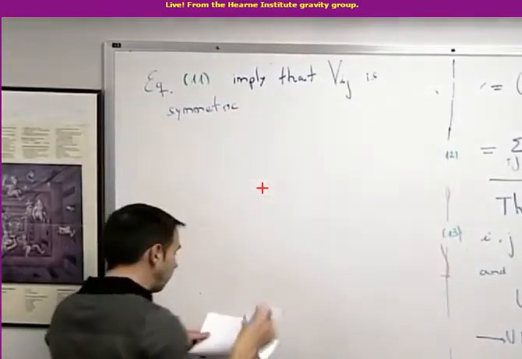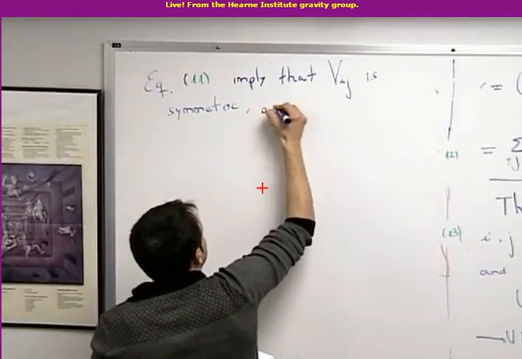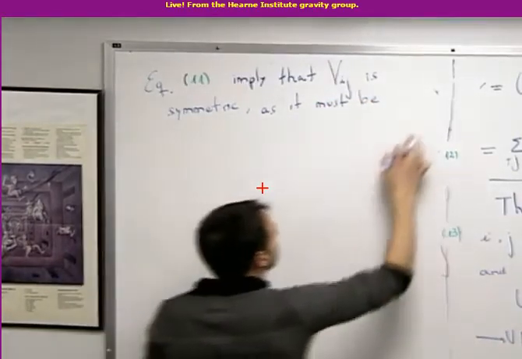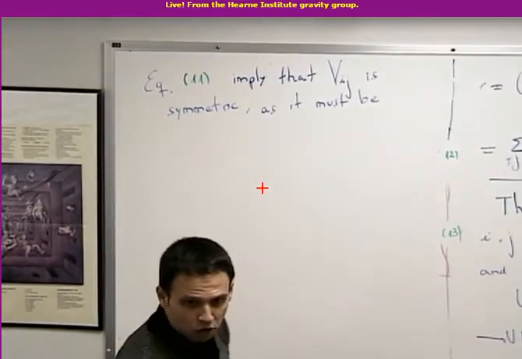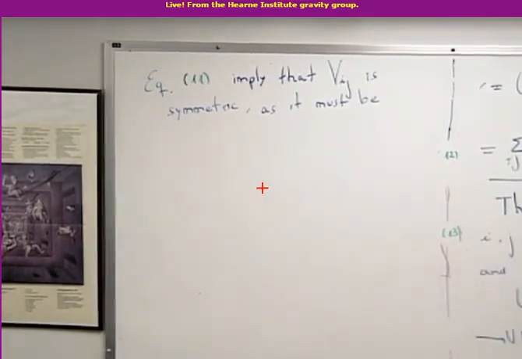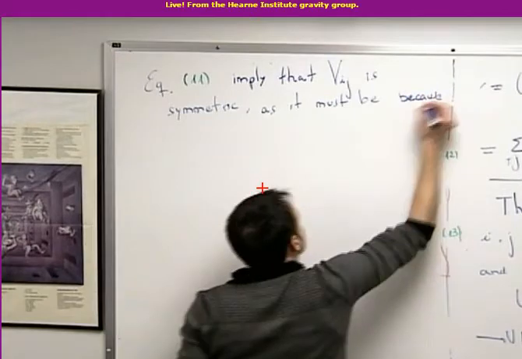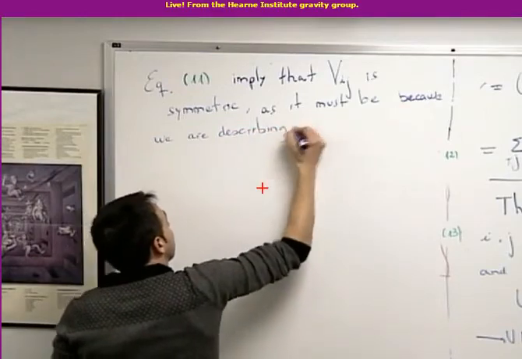So V_ij is equal to V_ji, and that must be as it must be. Can somebody tell me why? I say because we are working with bosons. So the interchange of the labels ij should produce no effect on this state. Changing these is equivalent, because there is a sum, to changing this one. So if this is symmetric, the final state is going to be symmetric, and that corresponds to bosons. And it must be because we are describing bosons.